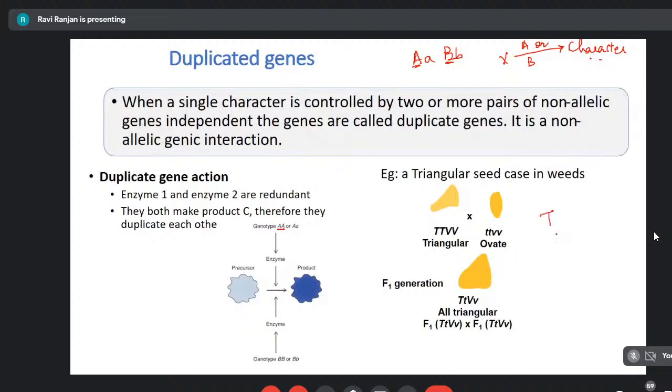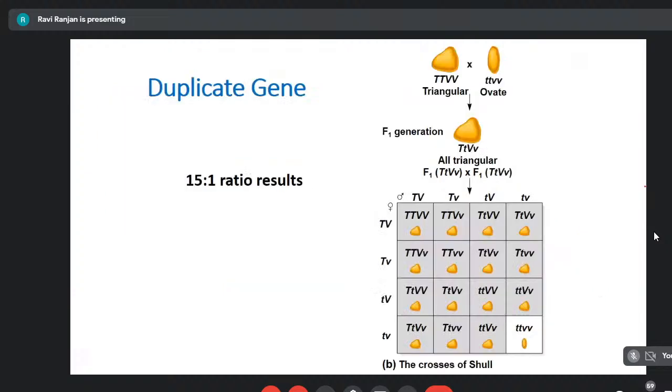Here the capital T gene is responsible for the triangular seed shape, and capital V is also responsible for triangular seed shape. In the F2 generation, the ratio you will get in the dihybrid cross will be capital T capital V, capital T small v.